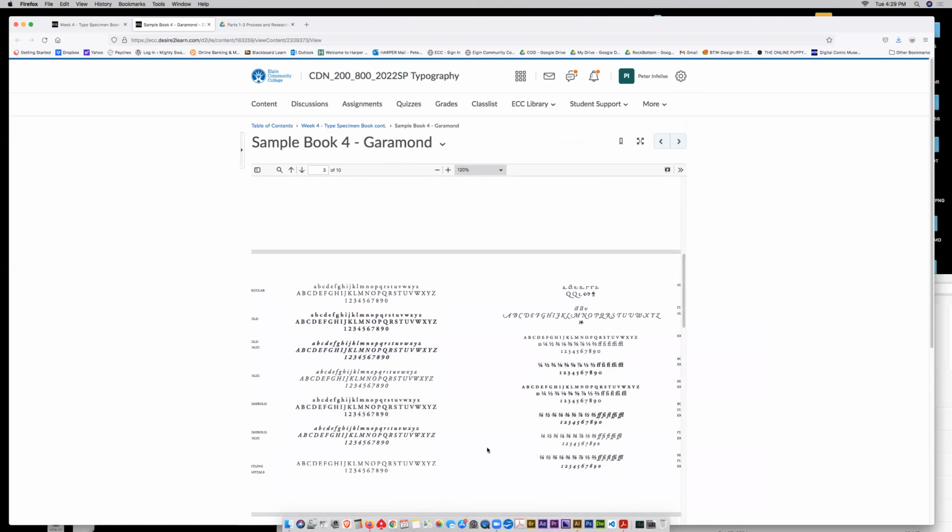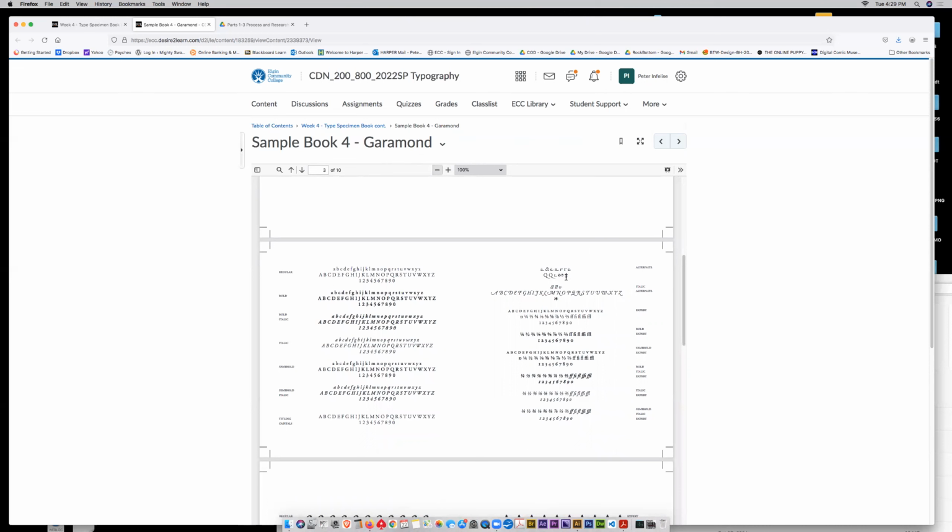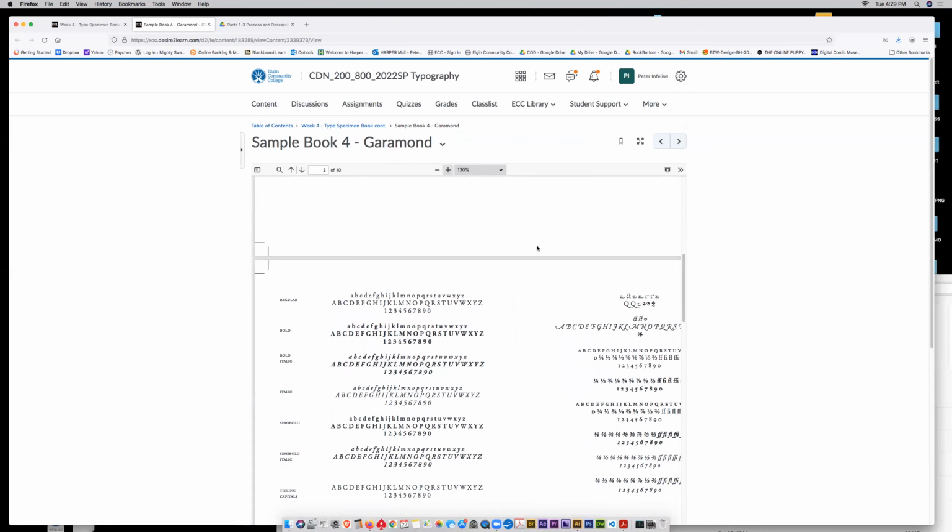I think there are some special characters. Looking at these, they look like alternates. And that might be something, Kelly, that you might have to Google to find out what the keyboard shortcuts are for those. But it does look like there are some alternates. Looks like there are some alternate Qs, some alternate caps here as well.